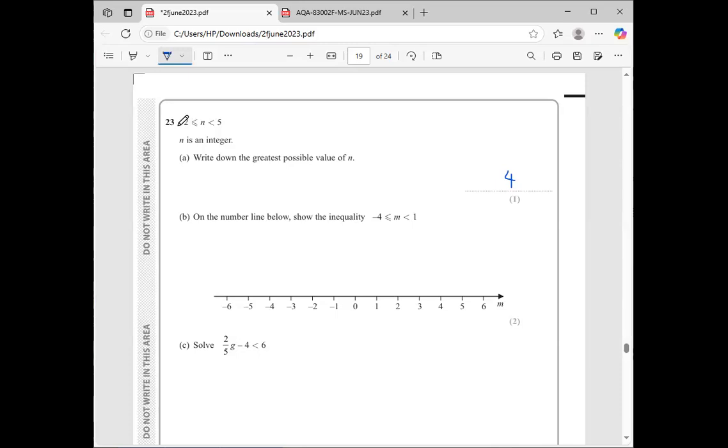What it's trying to say is that -2 is less than or equal to n. So that means n is greater than or equals to -2. So that means it can only be from -2 upwards. Then the less than 5 is where it stops. It cannot go beyond 5. Did you get that? Yes.